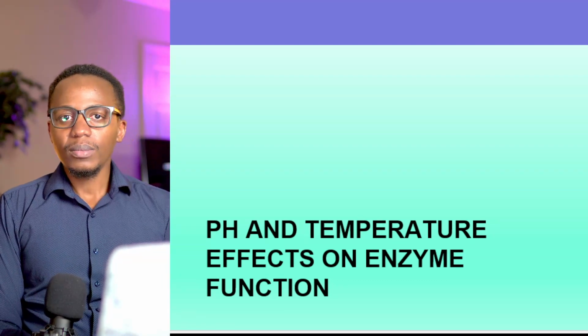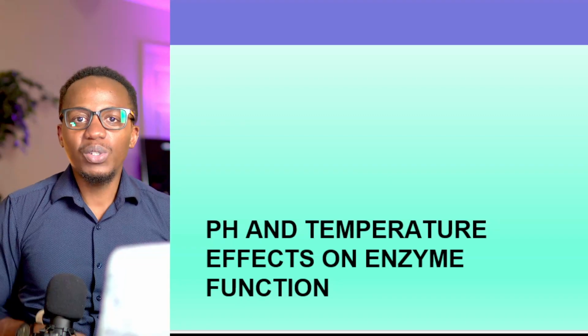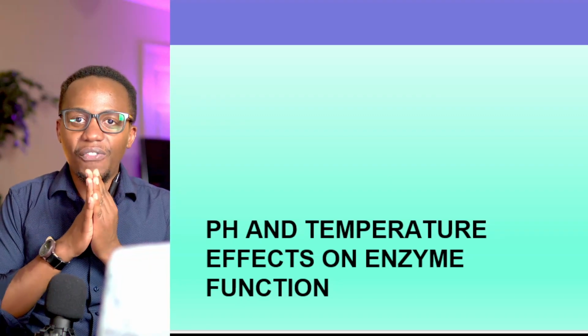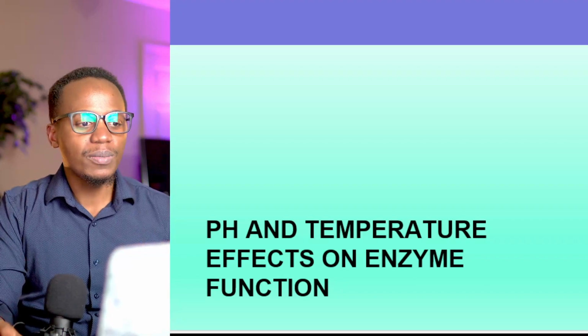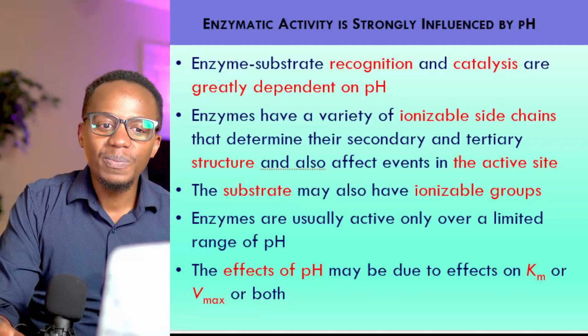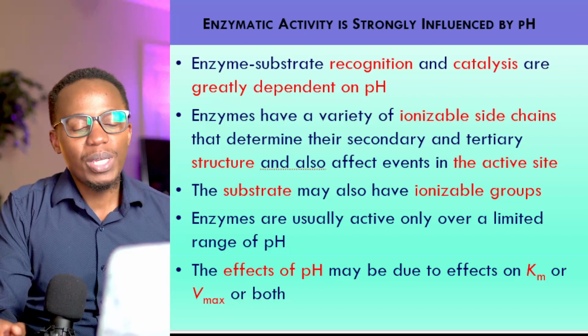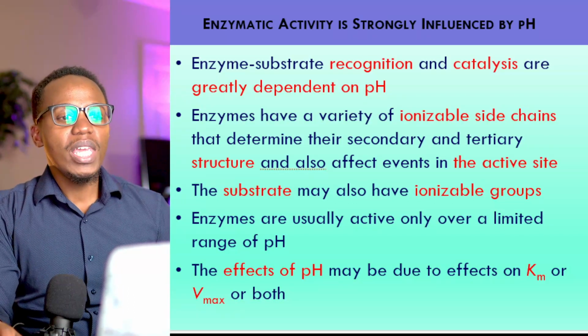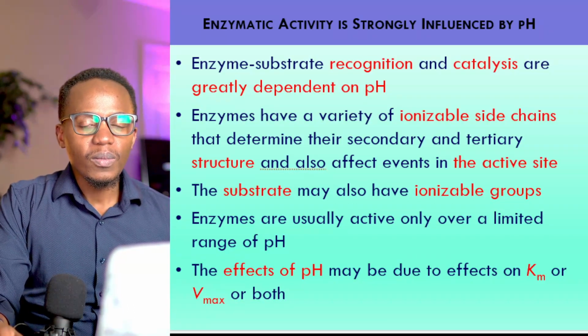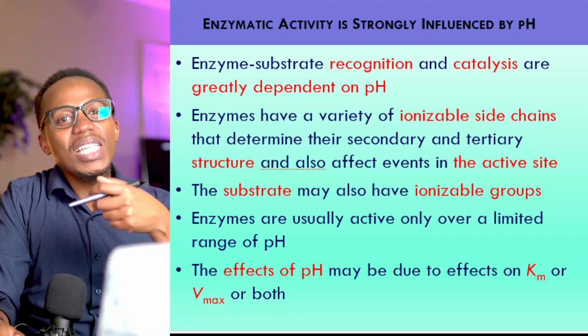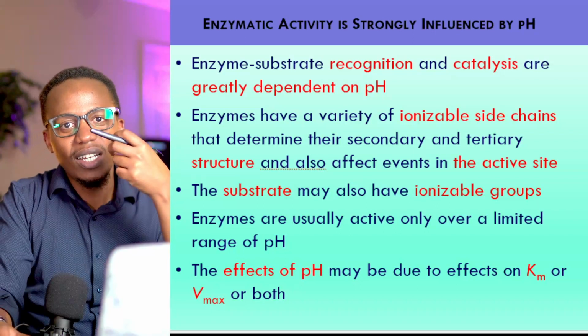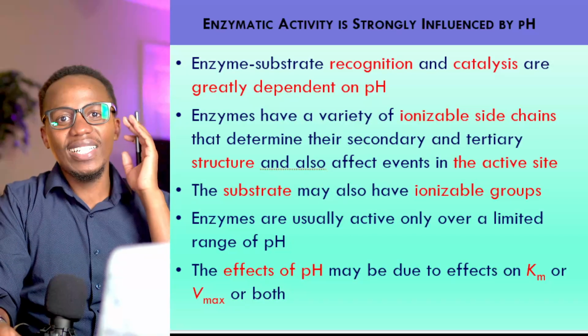So most of the enzymes are going to be working in a defined acceptable range of pH and temperature. Now, when it comes to temperature, let's start with pH actually. So pH affects not only enzyme catalysis, but also enzyme recognition. The enzyme recognizing the substrate.